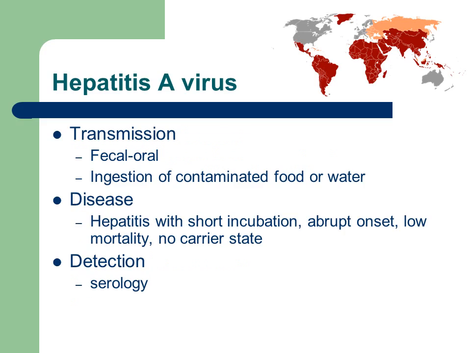So hepatitis A is fecal-oral transmission, and it's usually through ingestion of contaminated food or water. So hepatitis A is an intestinal infection. It has a short incubation, abrupt onset, very, very low mortality, no carrier state.